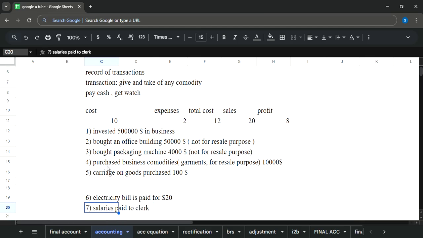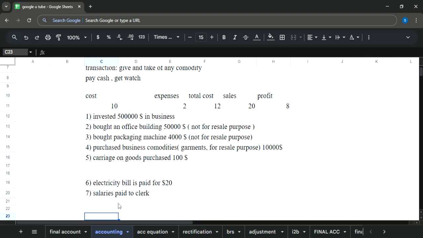Alright guys, now you were having 5 lakh rupees, office building was purchased, packaging machine was purchased, you have bought these commodities, some expenses you have made, and some extra expenses were also made. After that, you had processed them, new packaging, you have spent some money upon the packaging, and we are going to write these packaging expenses over here.